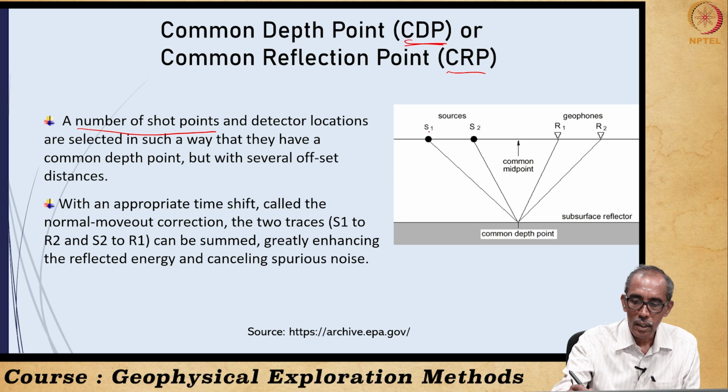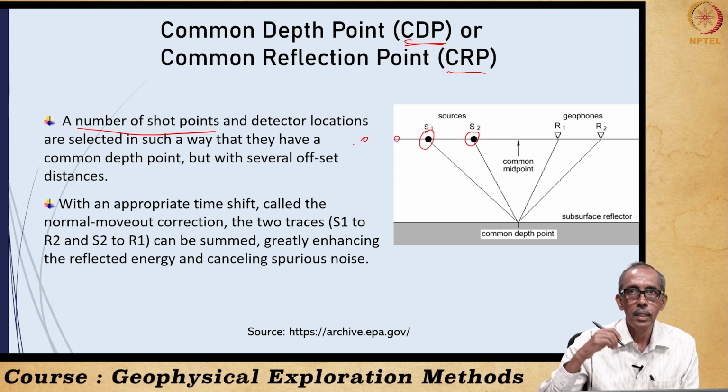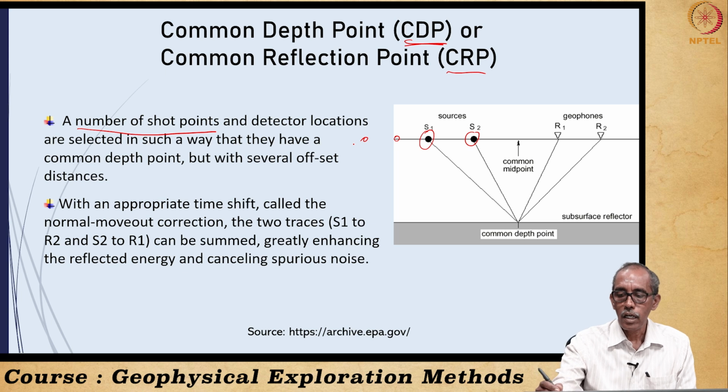These are the shot points or the sources. We may have more also. Correspondingly we have the receivers at the same distance from the center point of the spread. This is the center point or the midpoint of our spread.